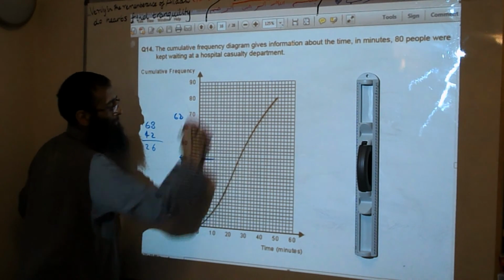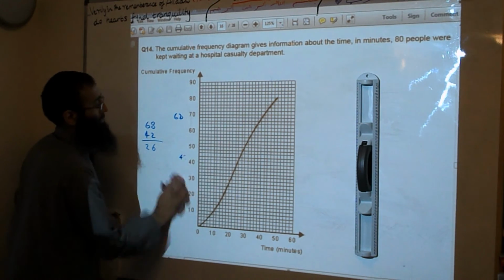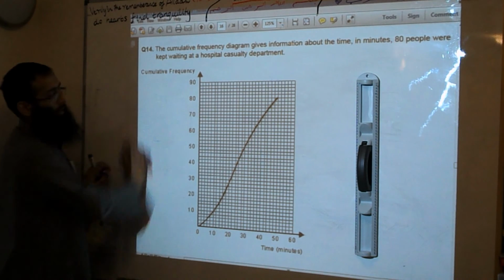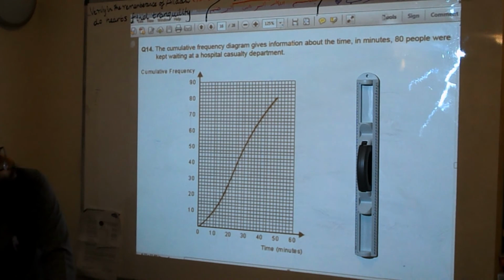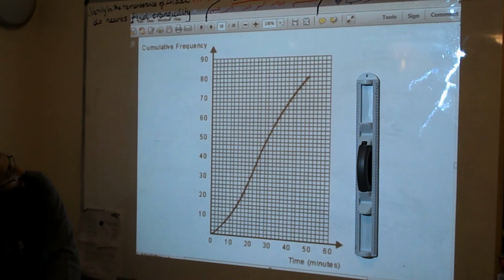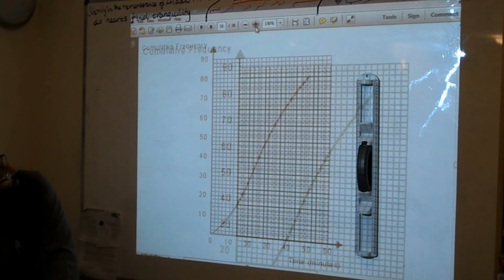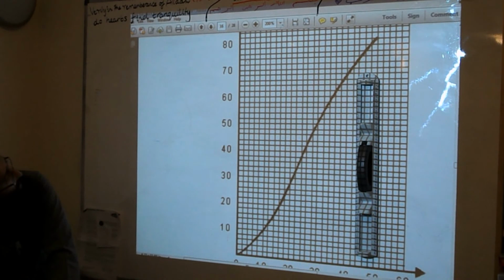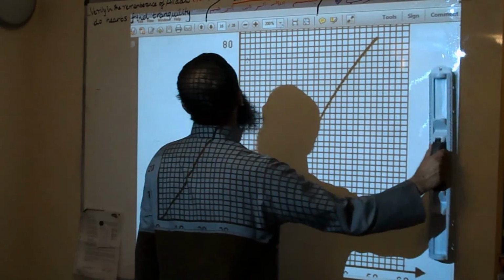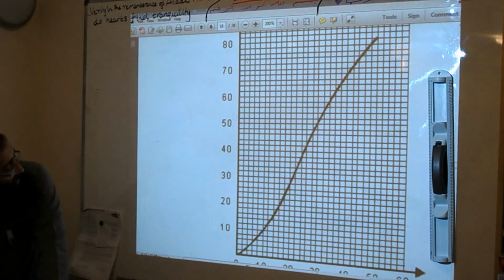Okay, let's just see if we can make this graph a little bit bigger. Yeah, that's good. Maybe a little bit bigger. I think that's nice as well, but I think we might need to go over just a teeny bit.